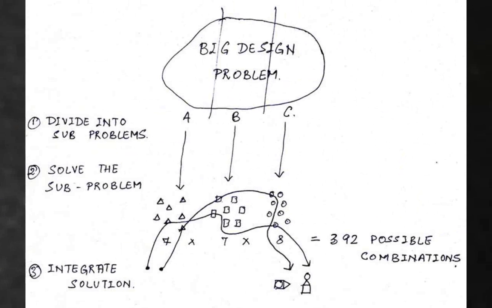So let's come back to how this method will help us solve the basic problem which we framed previously, to design a pick and place robot for a 10 kg object.